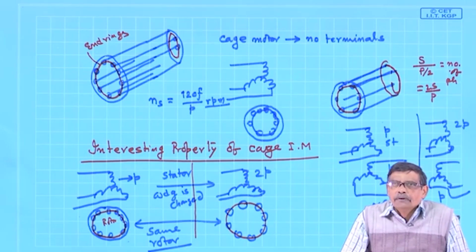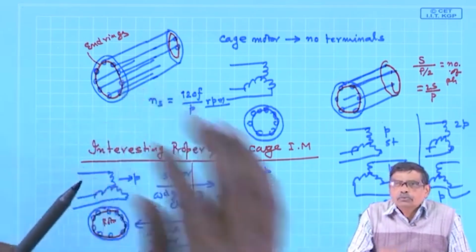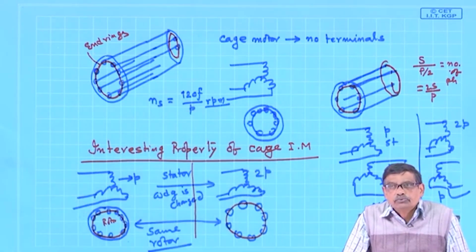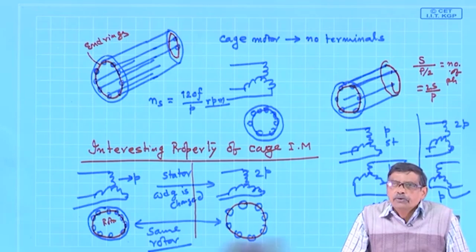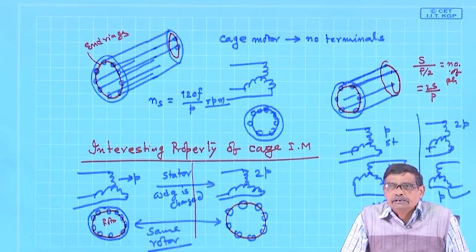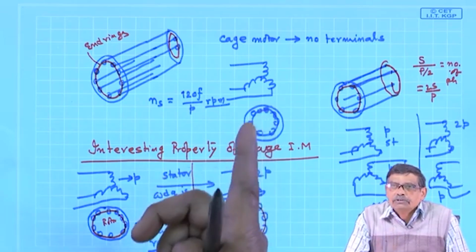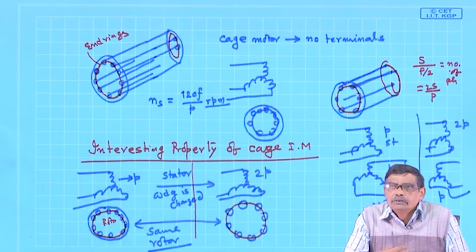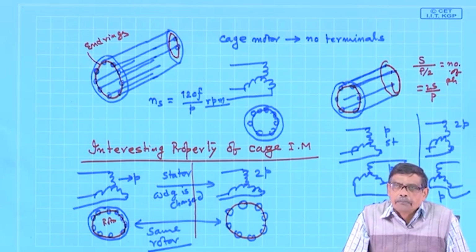Therefore, we can say this induction motor having 2 separate stator windings, one energized at a time, can give you at best 2 levels of speed. One is close to 3000 rpm, another is close to 1500 rpm.